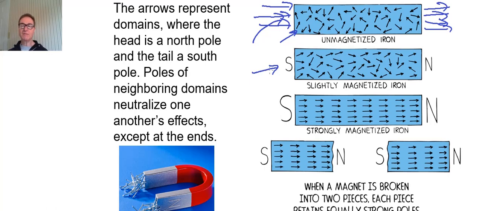If we kept that magnetic field close to that unmagnetized iron for a longer period of time, or the magnetic field was stronger, we would end up with something like this. And then if we removed the external magnetic field from our piece of iron, we would have a piece of iron that now has a magnetic field surrounding it.